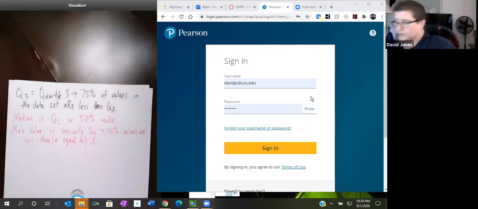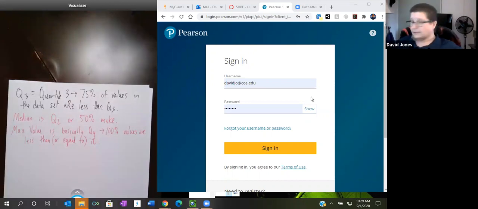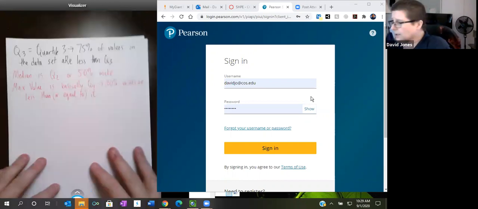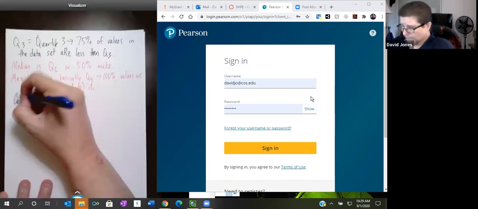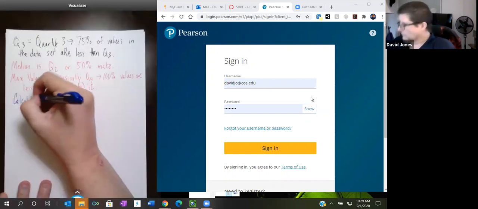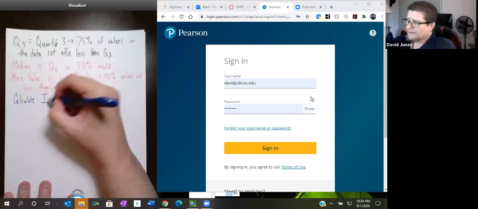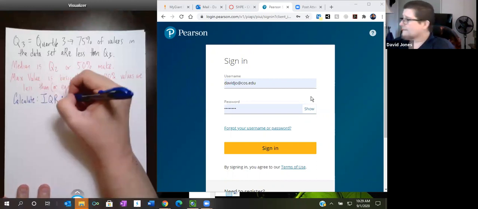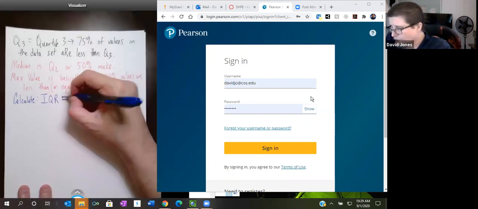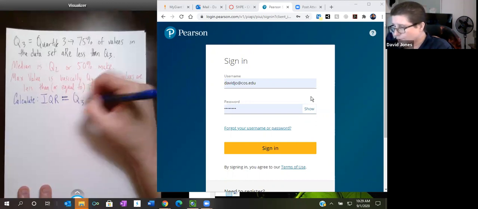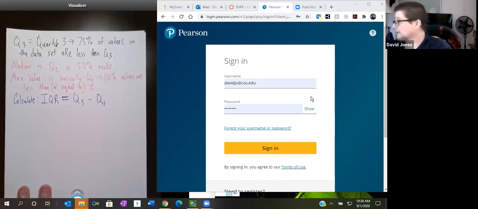So IQR, what is it? To calculate IQR, you have to basically sort the data, find Q3 and Q1, and IQR equals Q3 minus Q1.